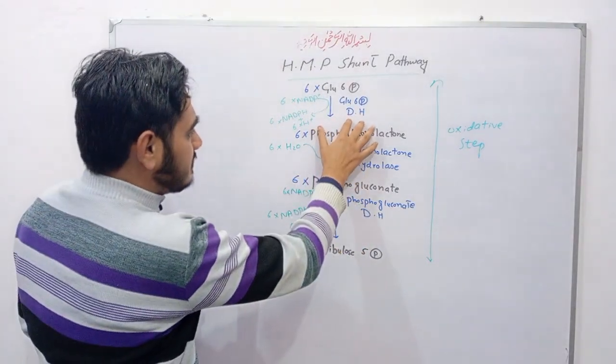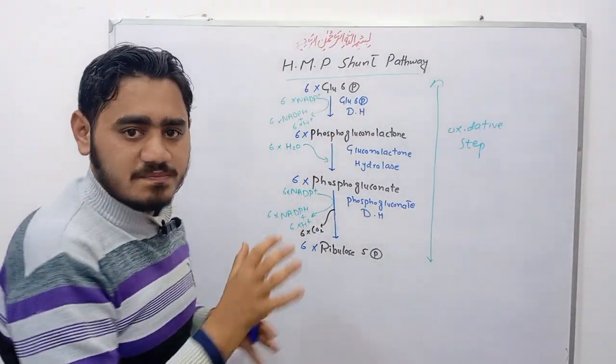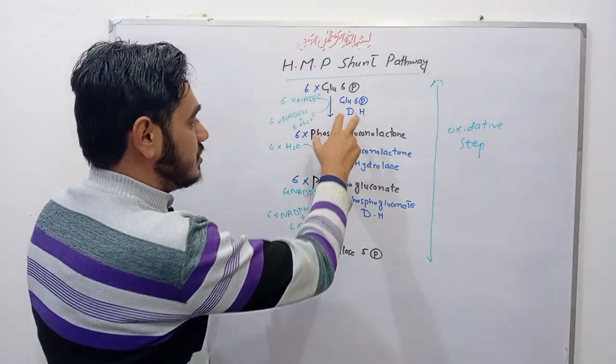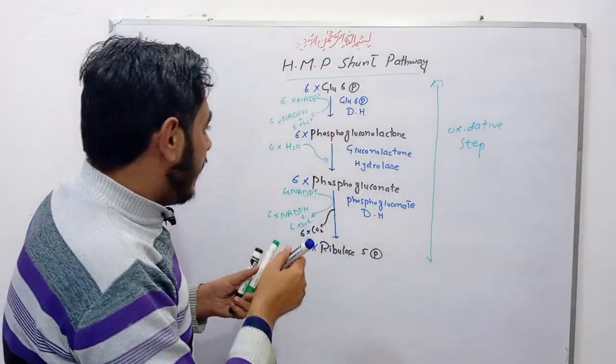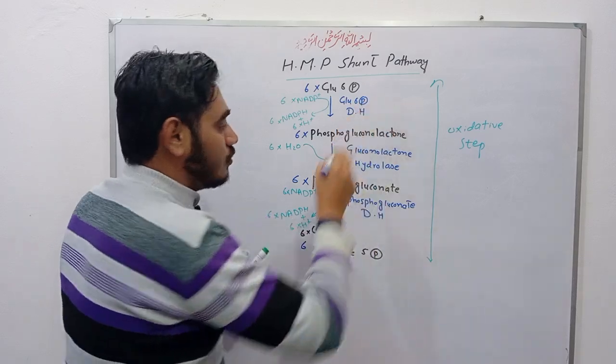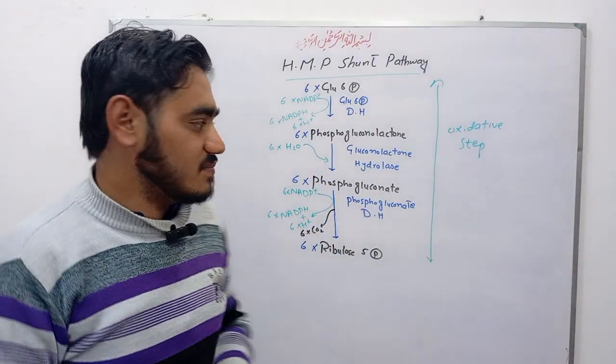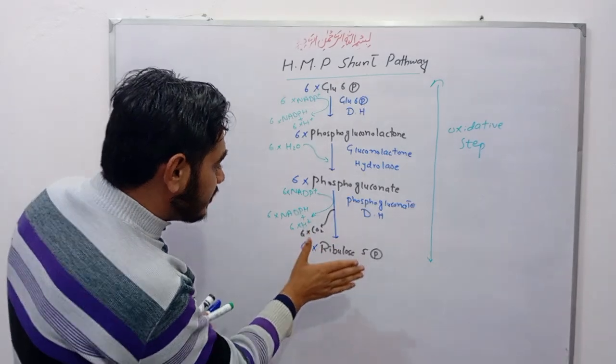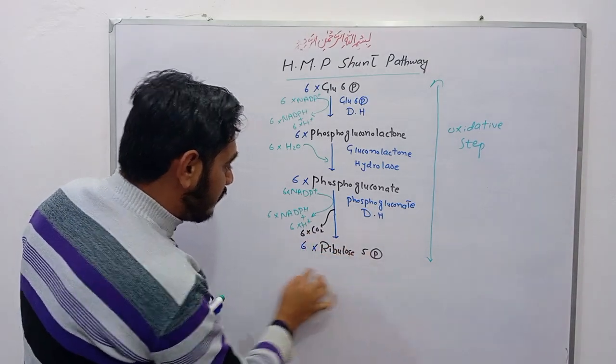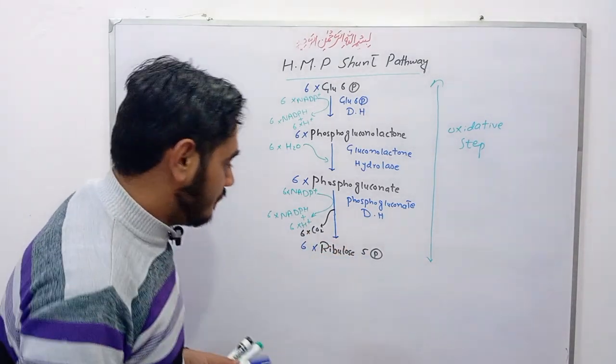Friends, this is the regulatory enzyme in this pathway, glucose 6 phosphate dehydrogenase enzyme. And this step is also the rate limiting step, or we can say it is the slowest step in this pathway. There is a formation of ribulose 5 phosphate, 6 molecules.